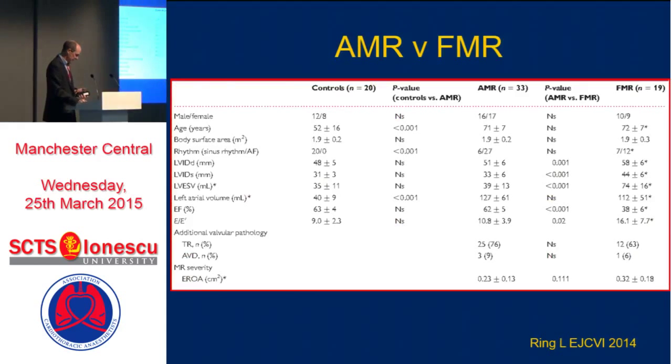So on to the patients that they studied, because this is important. They looked at controls. They looked at a number of individuals who they called atrial mitral regurgitation, essentially type 1 mitral regurgitation with normal valve motion, normal left ventricular function and volumes, and they compared these with a group of functional mitral regurgitation, ischemic mitral regurgitation, predominantly with a substantial degree of ventricular abnormality and ventricular remodeling.